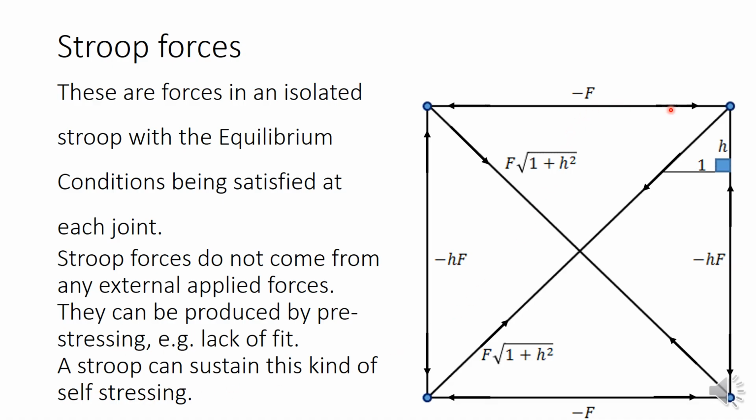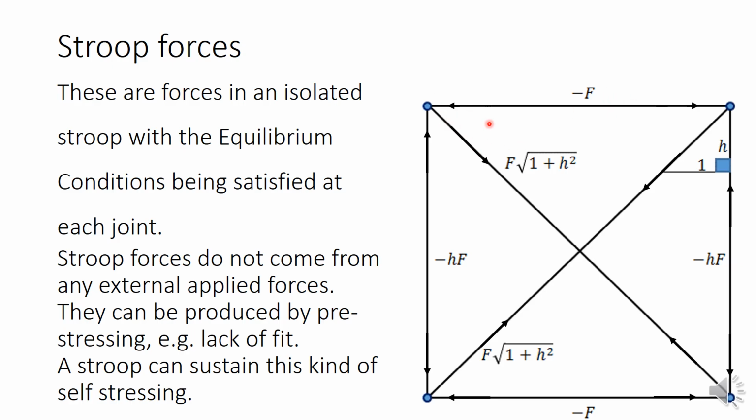Notice here, if you look at the equilibrium conditions, each joint here is in equilibrium. The forces are in equilibrium here. You can consider horizontal and vertical components of the forces. You'll see that they are in equilibrium.